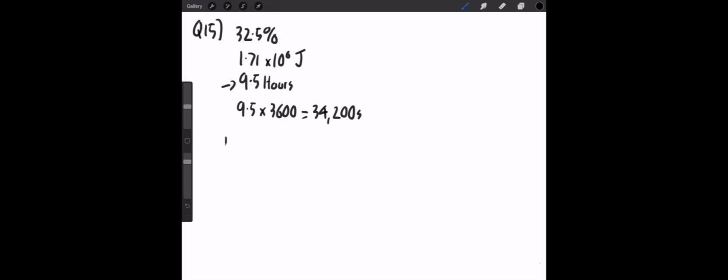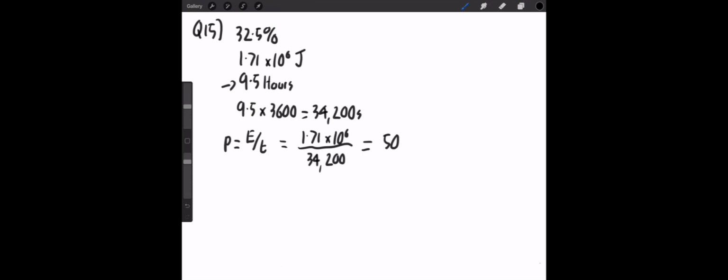Power is the rate of energy transferred, so energy over time taken. And now we can just plug these numbers in. The energy, 1.71 times 10 to the 6, it's in joules, so that's fine, divided by the time in seconds, 34,200, and that gives you 50.